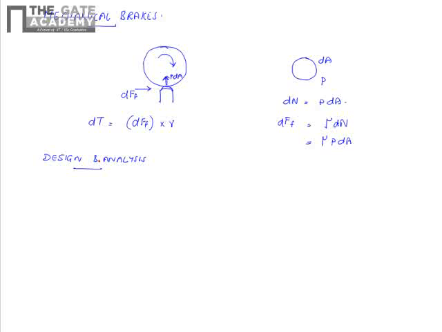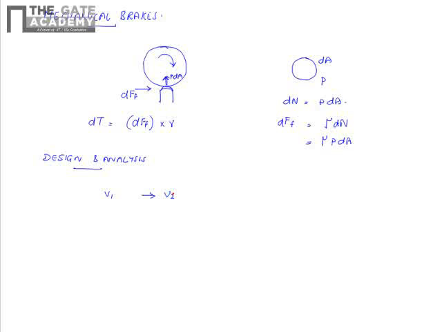Before coming to this, I would like to stress one point: whenever we are doing a braking action, we are bringing a body which is in motion, trying to retard the motion, or to bring it to a state of rest. So if a body is moving with velocity v1, and by the braking principle the velocity comes down to v2, because of the change in velocity it has a change in kinetic energy.